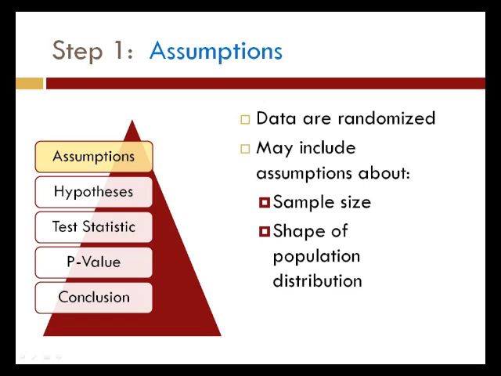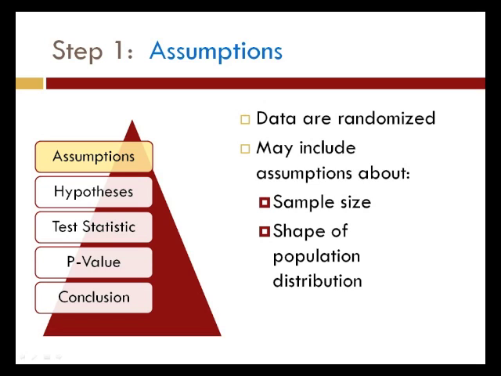And then, the second assumption is that you might need a large sample size, like we do when we're doing means. As long as we have 30 or more, we're generally good. And sometimes we can have even less than 30 if we have a sort of normal distribution to start with. And then the shape of the distribution matters.